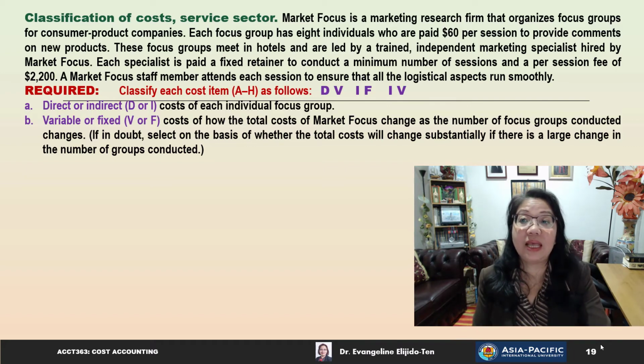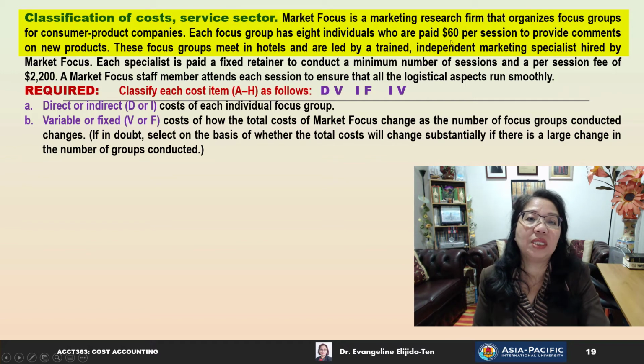Market Focus is a marketing research firm that organizes focus groups for consumer product companies. Each focus group has 8 individuals who are paid $60 per session to provide comments on new products. These focus groups meet in hotels and are led by a trained independent marketing specialist hired by Market Focus.